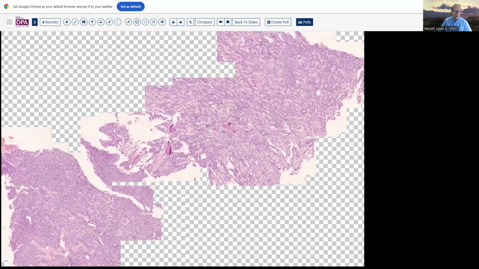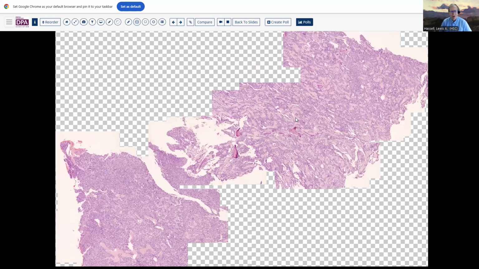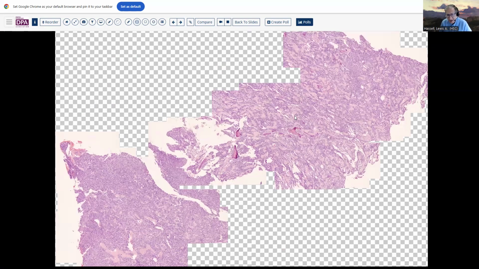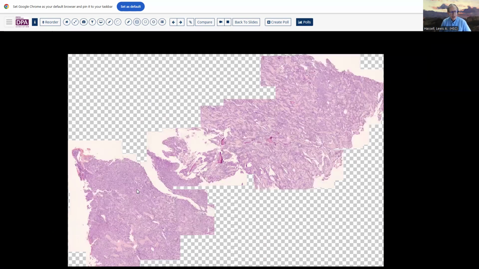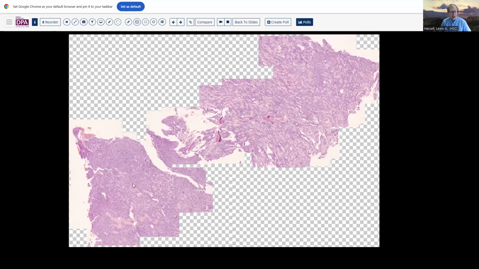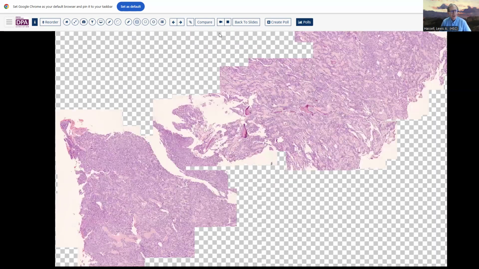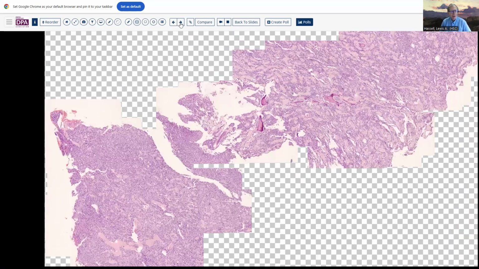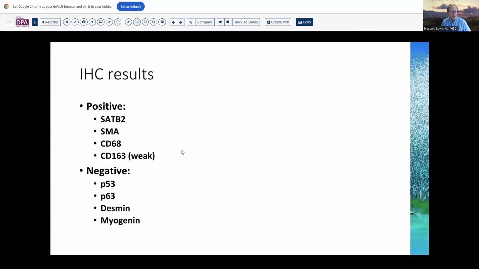Well, given this microscopic appearance, I think our differential would include osteosarcoma, a low-grade type of osteosarcoma, and other spindle cell tumors. So with that in mind, my colleagues did some immunohistochemistries and provided the results that they had for this.